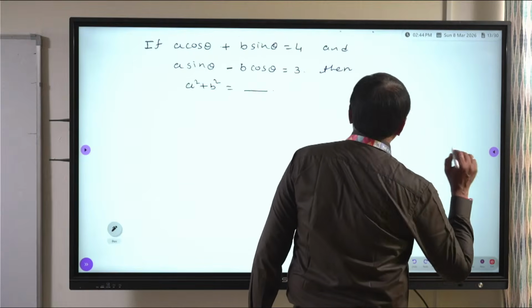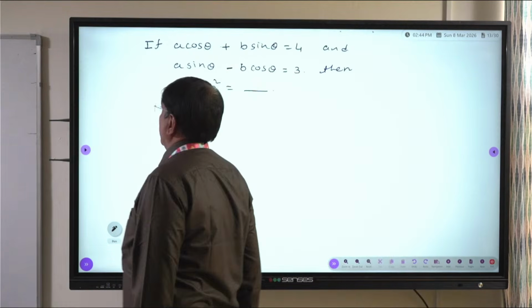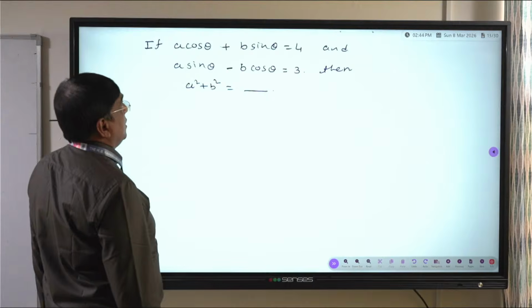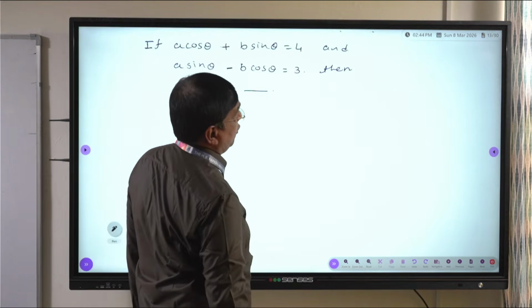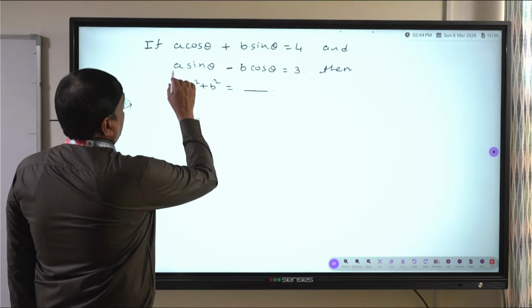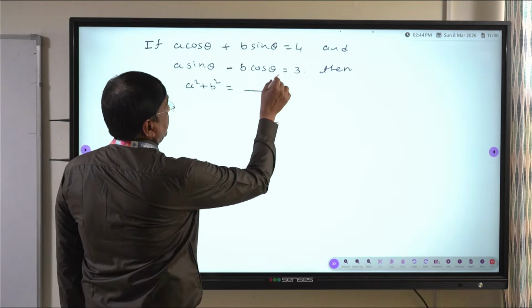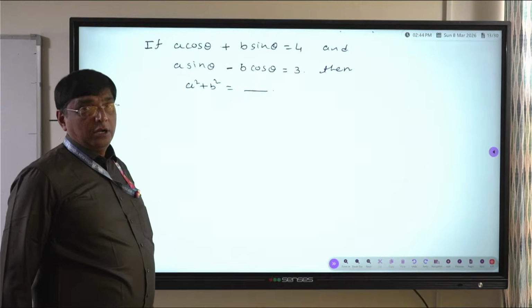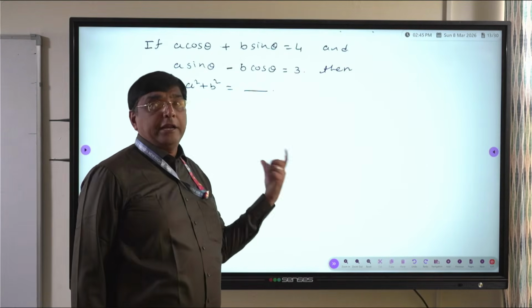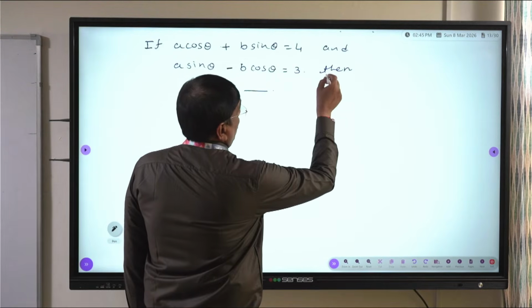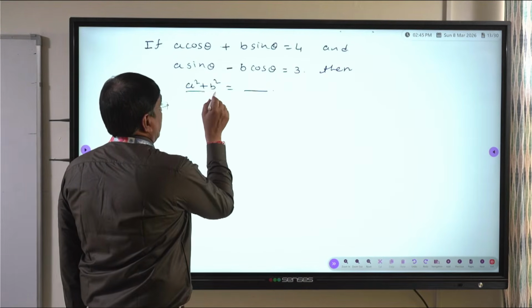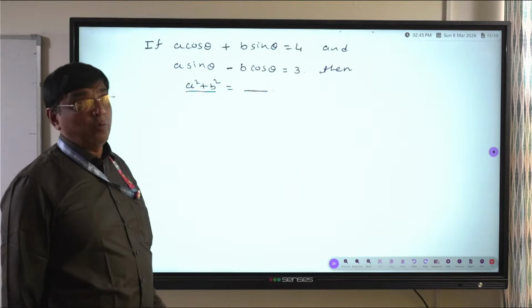Next one. If A cos theta plus B sin theta equals 4, A sin theta minus B cos theta equals 3. Two trigonometric equations are given in sin cos. We have to find the value of A square plus B square. Important one.